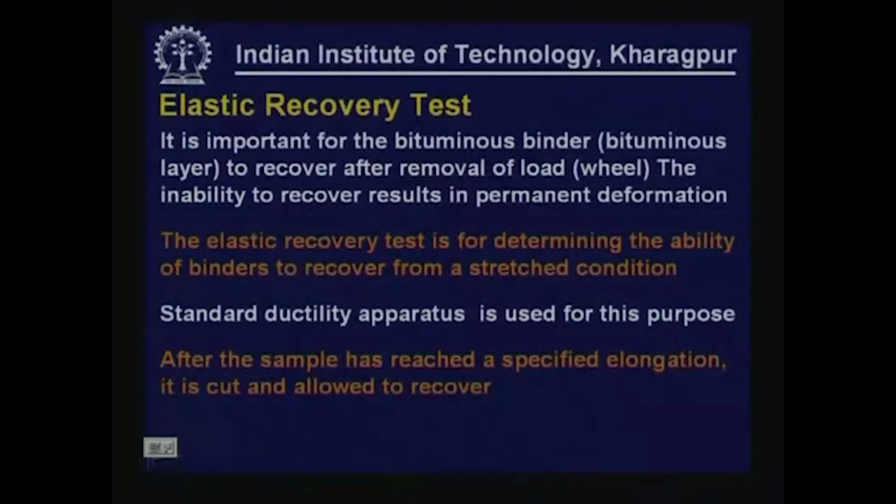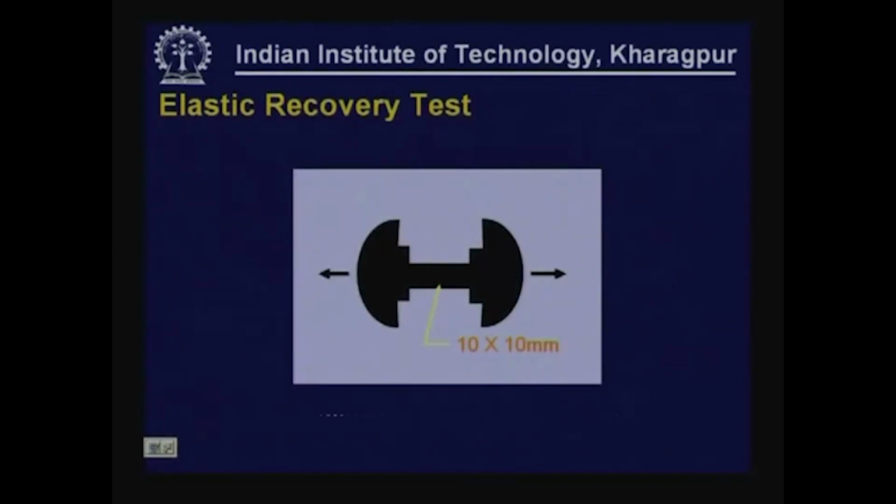The elastic recovery test is for determining the ability of binders to recover from a stretched condition. What we do is we use standard ductility apparatus to conduct this test. After the sample has reached a specified elongation, it is cut and allowed to recover. A slightly modified briquette is used.